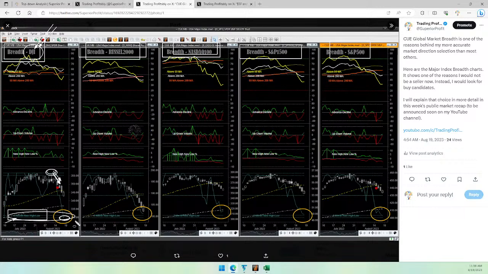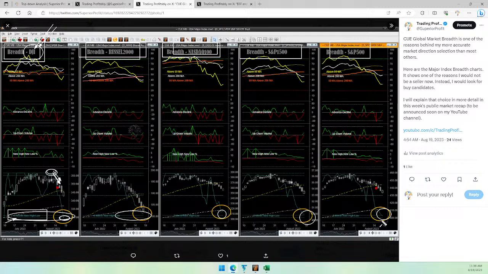Right now, Dow Jones Industrials is at the lowest extreme, very oversold. Russell 2000 very close to being oversold. Nasdaq 100 very close to being oversold. S&P 1500 you may say at oversold level, and S&P 500 is also at oversold level.